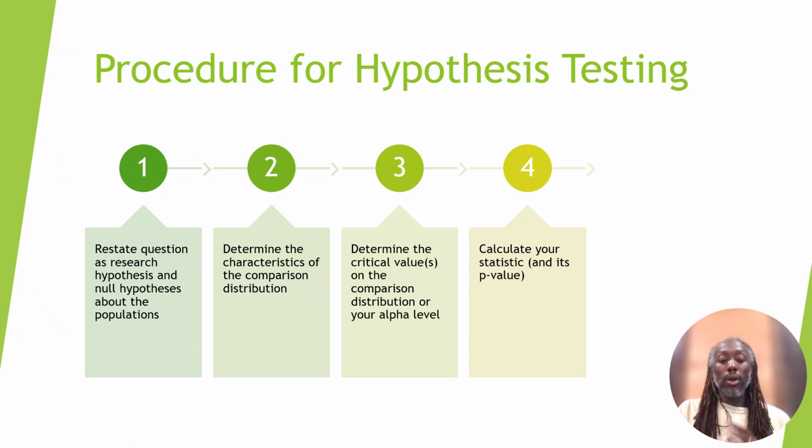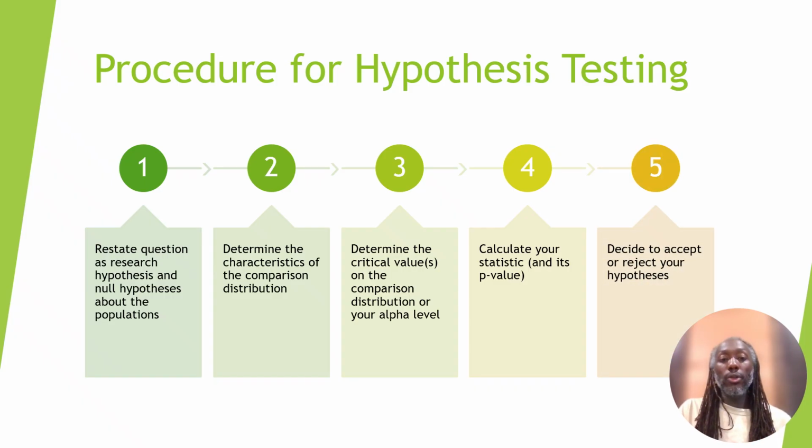And again, if we're able to do the math, or if we are using the assistance of some program that will do the math for us, we'll also get our p-value. After we have those things, we need to make a decision, and we're either going to decide to accept our research hypothesis or reject our research hypothesis and accept our null hypothesis.